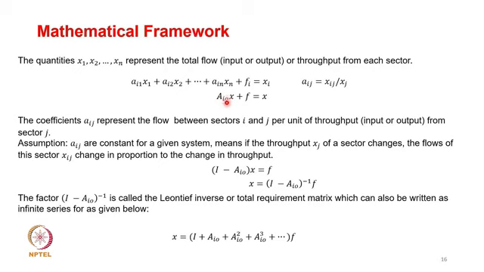So once we have such a linear algebraic equation, it is fairly easy to solve. The key aspect we need to look into is that your aij are constant for a given system. That means if the throughput xj for a sector changes, then the flows xij of the sector change proportionally to the change.